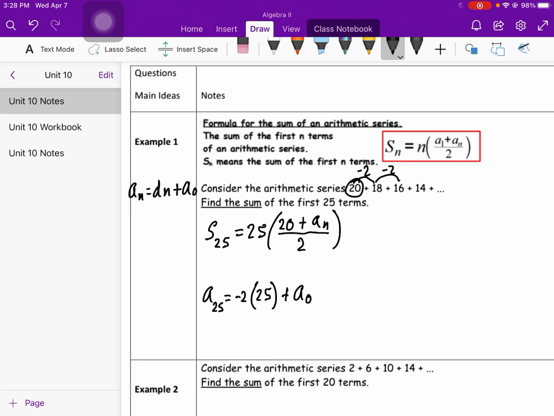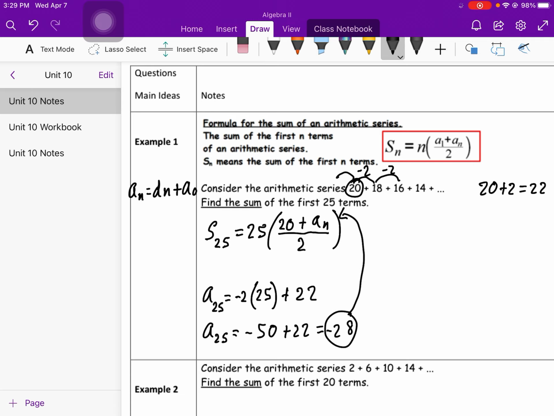And a of 0 we can find by just going backwards. So we take 20 plus 2, do the opposite, we get 22. So that means that this is 22. So a of 25 is going to be negative 50 plus 22, which is negative 38. Or excuse me, negative 28.